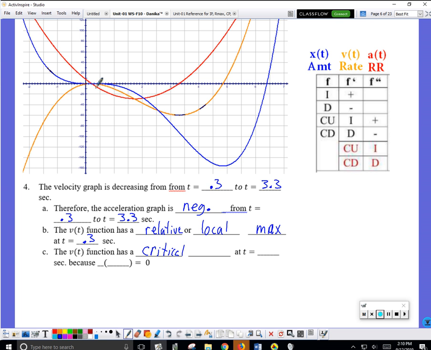Right here, the tangent slope of the velocity is 0, and coincidentally the value of the acceleration is 0. So that's this part. Critical point at 0.3, therefore the value of the acceleration at 0.3 must be 0. Perfect.